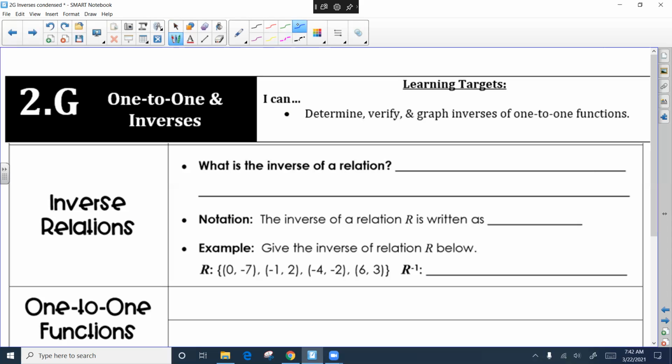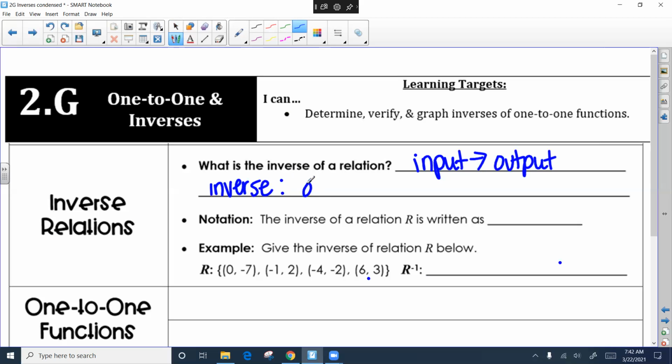So an inverse of a relation is just, there's some kind of relation between inputs and outputs, but it's not necessarily a function. So an inverse of a relation is the opposite of a function. So normally we have input, output. The inverse is the other way around.